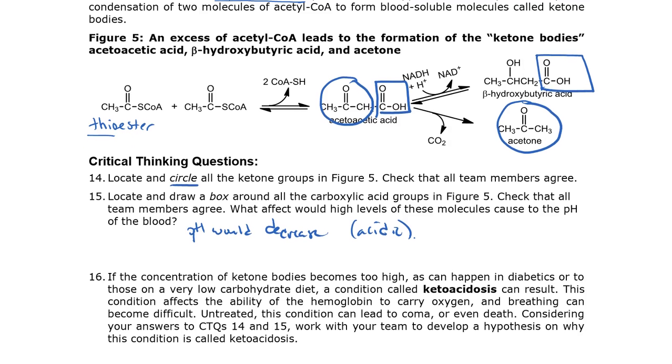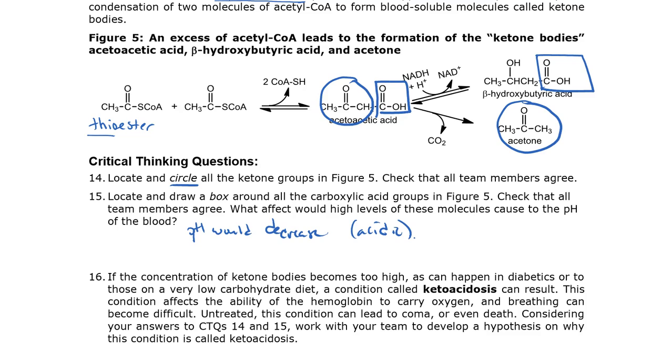So that leads us to question 16. If the concentration of ketone bodies becomes too high, as can happen in diabetics or to those on a very low carbohydrate diet, a condition called ketoacidosis can result.